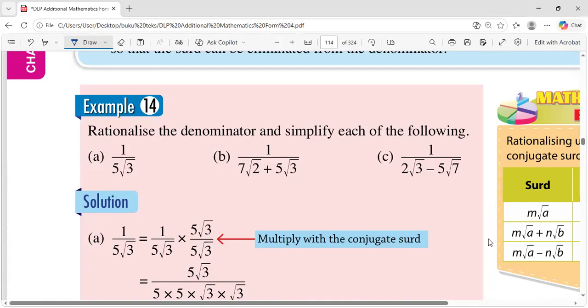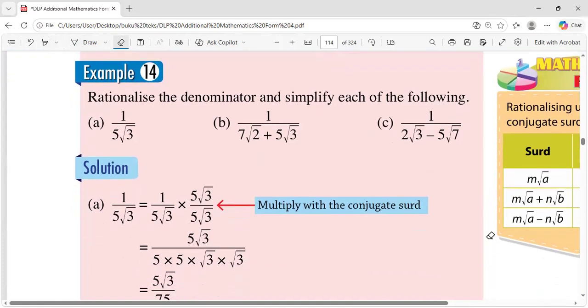为什么我们要这样做？因为我要我的分母是号码，所以我就做这个 conjugate，因为它越简的话，它会拿到1。If we divide and I get 1, so it doesn't disturb the original question. So after that, 5 times 5 times 3 times 3.